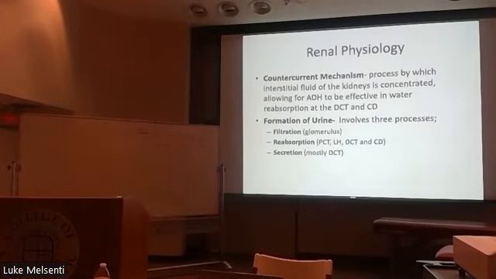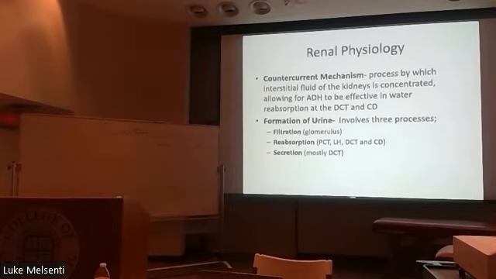Countercurrent mechanism. All right, this is the process by which interstitial fluid of the kidneys is highly concentrated, allowing ADH to be effective in water absorption at the distal convoluted tubule and the collecting duct. It mainly has its effect at the collecting duct.